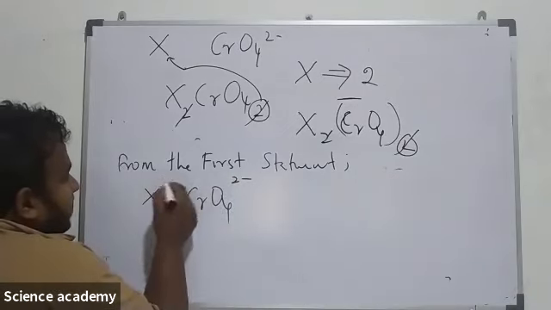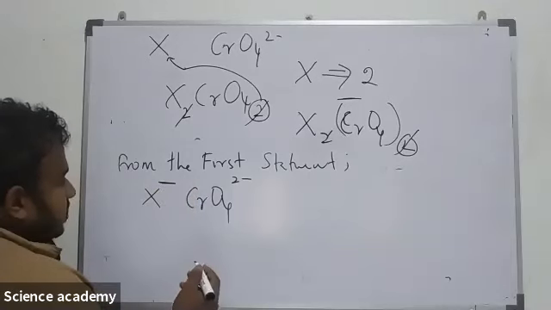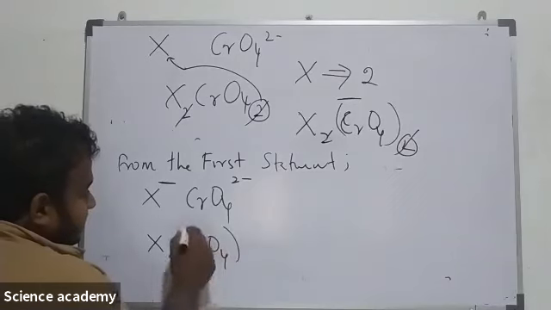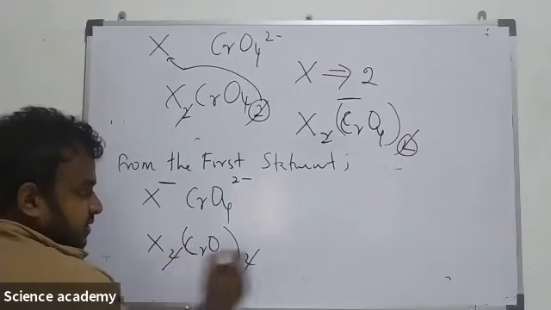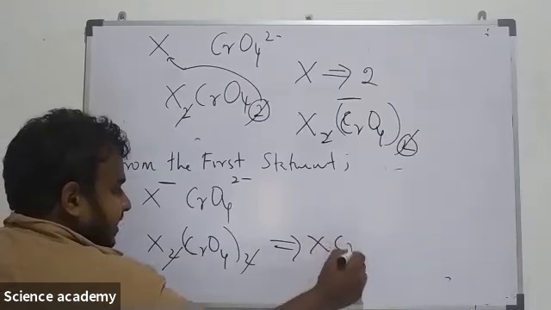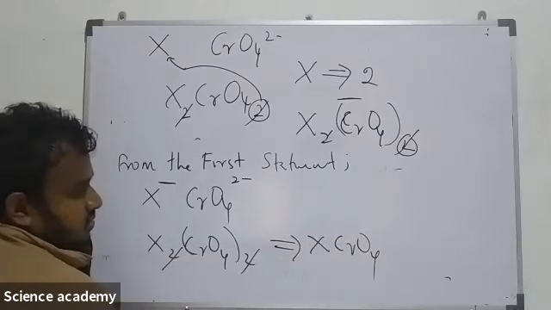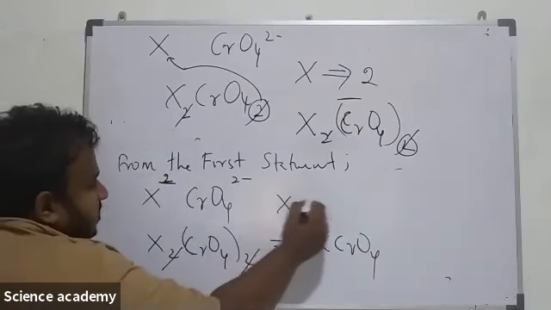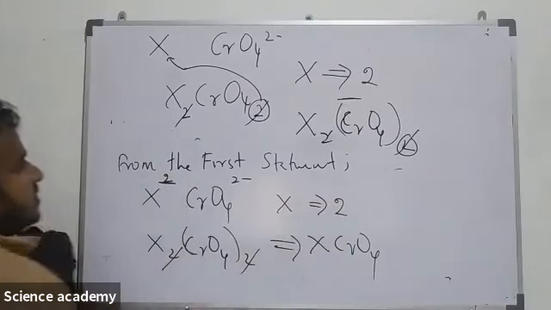Here the value of X is unknown. So it's going to be X2(CrO4)2, and they have been chopped and become XCrO4. So the valency of X is going to be 2. Just write this down.